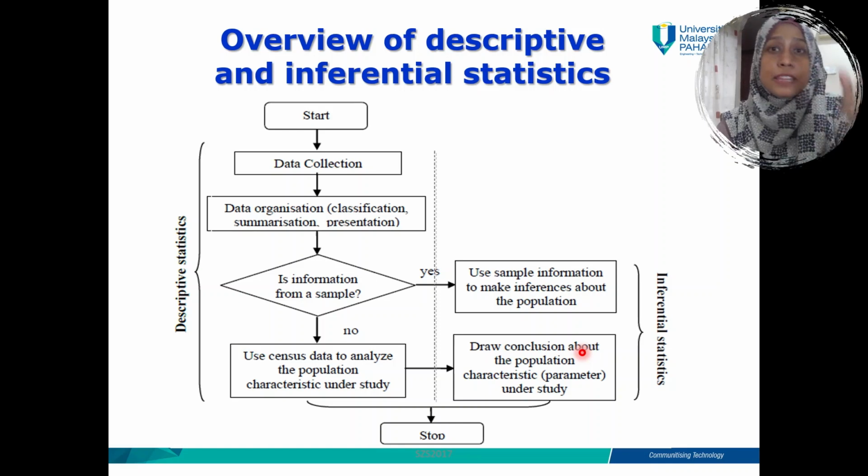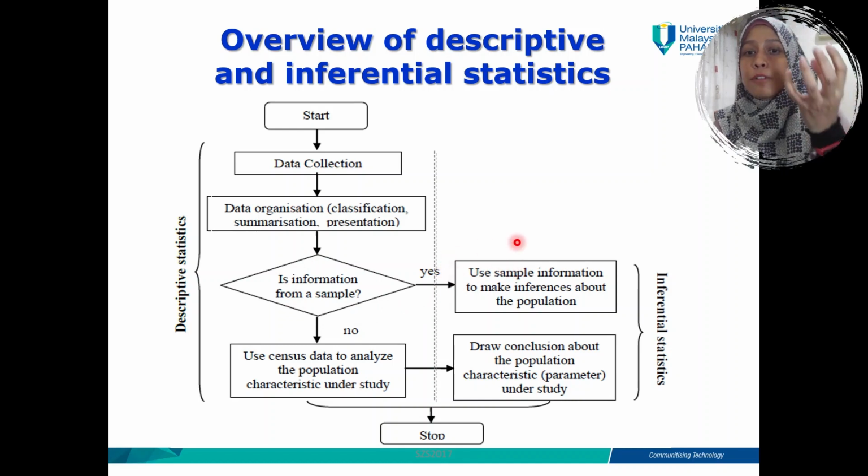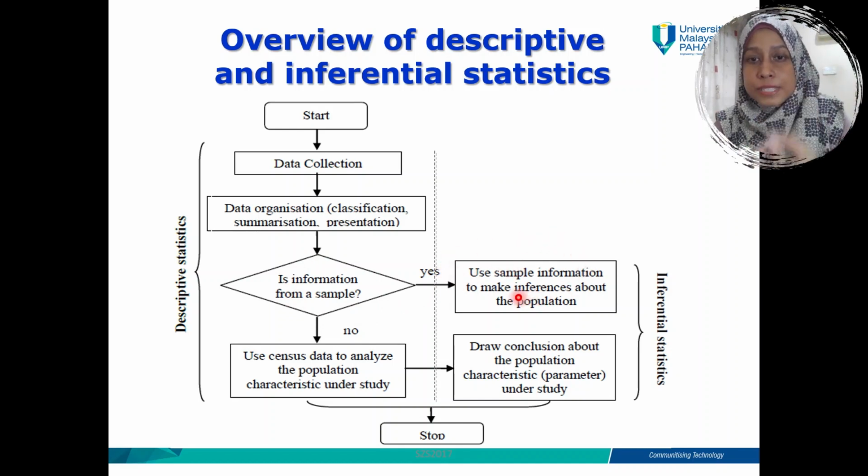Okay, but if let's say the data collected is not from the whole population but just from a sample of the population, then you need to use the information from the sample to make inferences about the population.